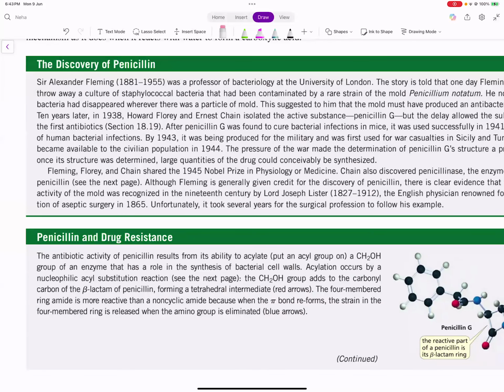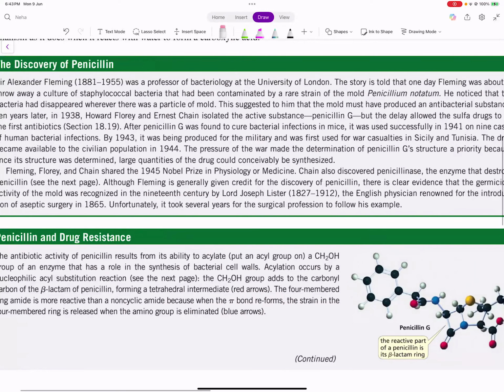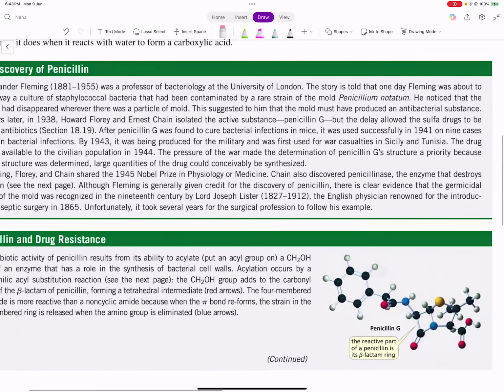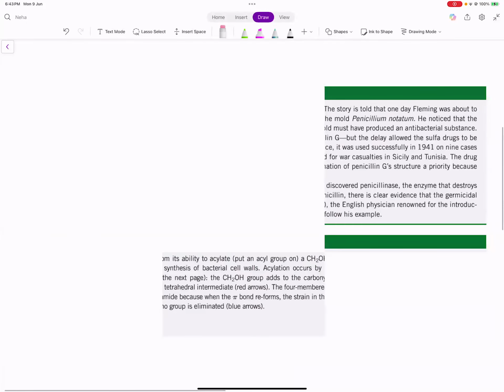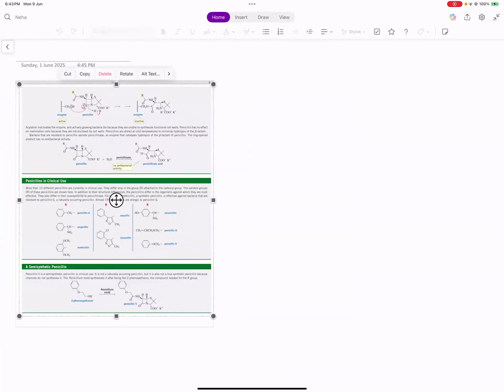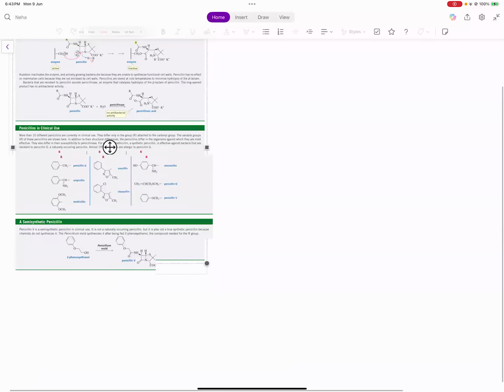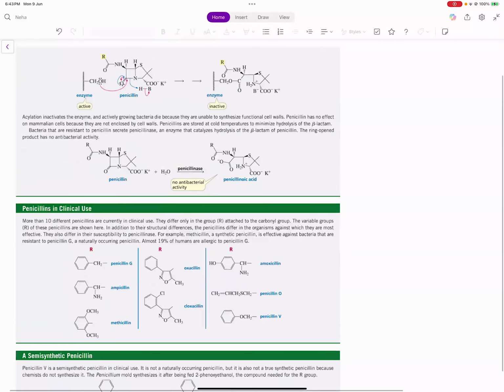The discovery was there, but J.C. Sheehan did it, right? J.C. Sheehan is not mentioned here, I think. It's okay, no problem. He's done his work.